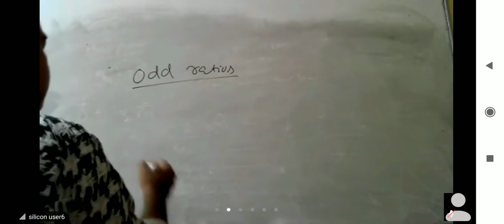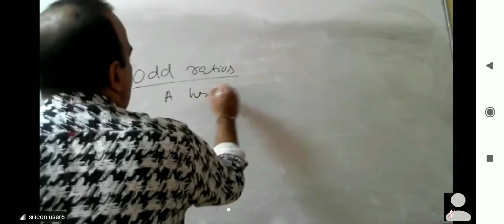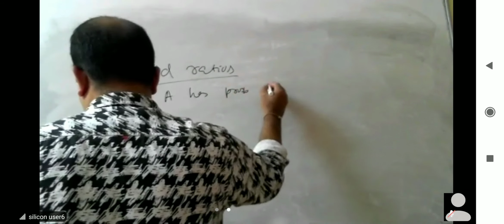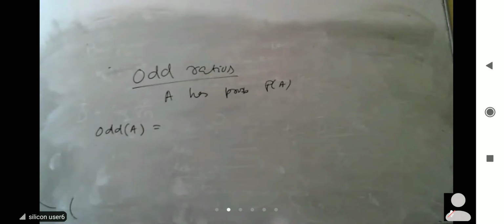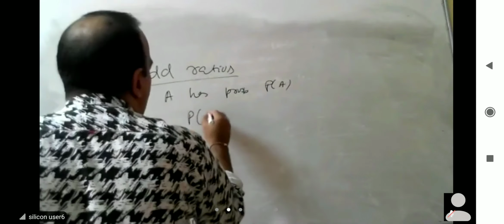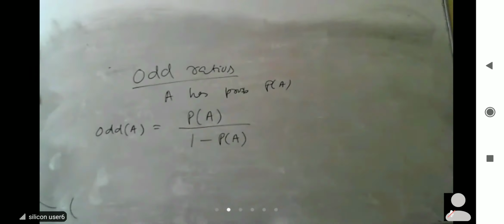If an event A has probability P(A), then the odd of A is equal to probability of A divided by 1 minus probability of A.